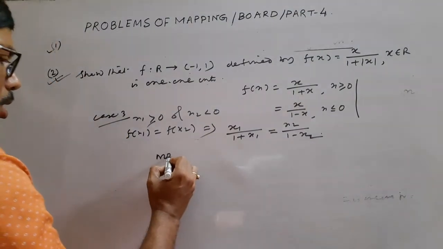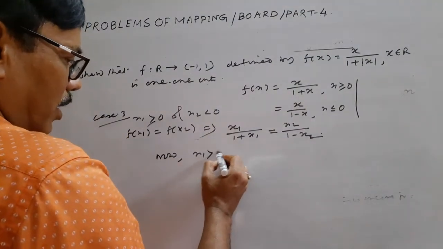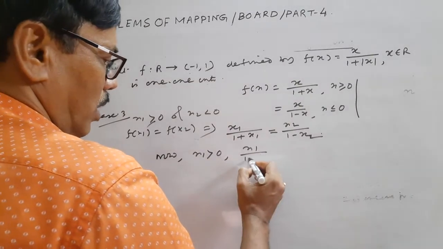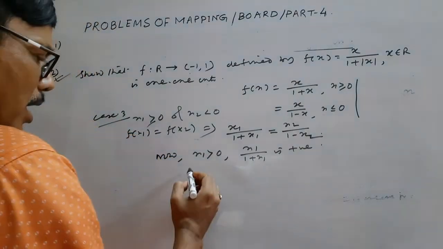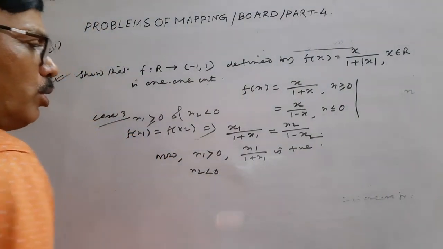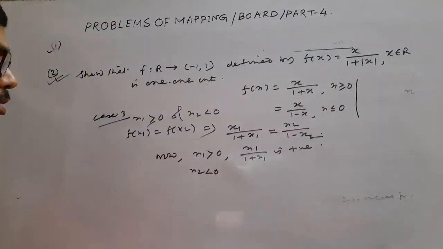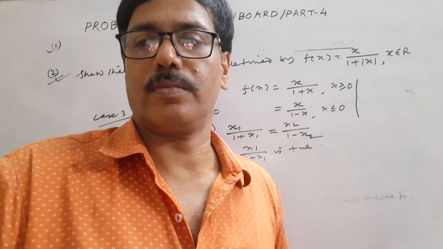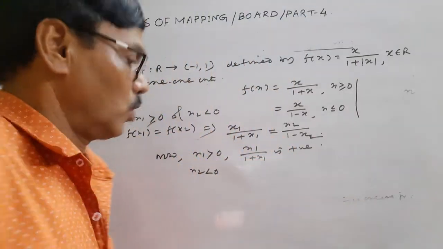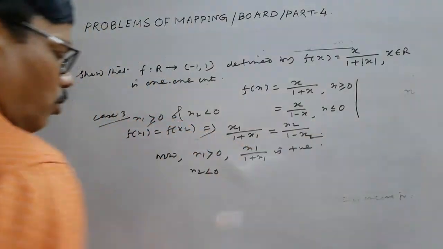Now if x1 is greater than 0, x1 by 1 plus x1 is positive, so this is always positive.